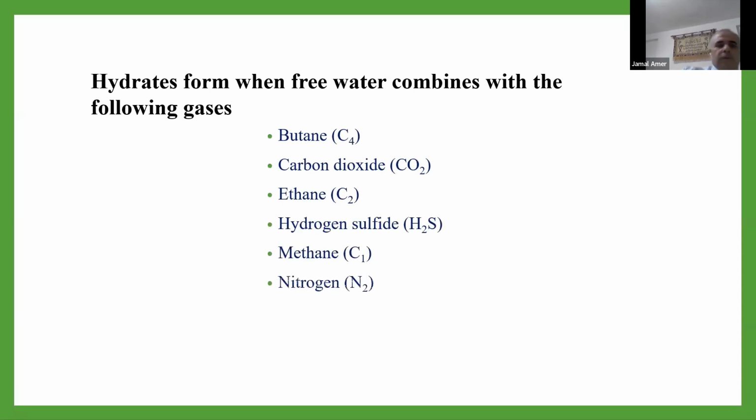Hydrate formation. How is the hydrate formed? It's formed through the reaction between water and these gases. So hydrate forms when free water combines with the following gases: butane, carbon dioxide, ethane, hydrogen sulfide, methane, nitrogen, and propane.